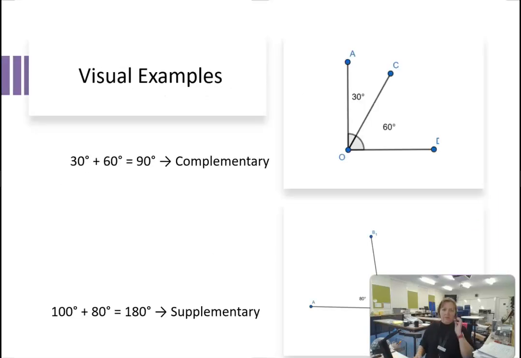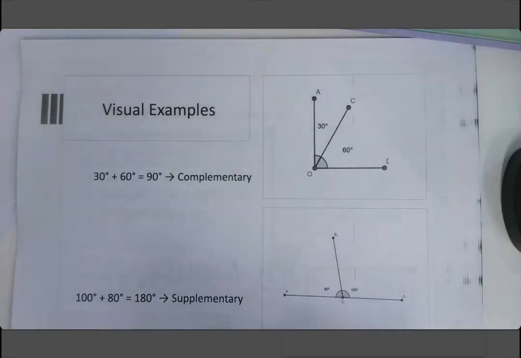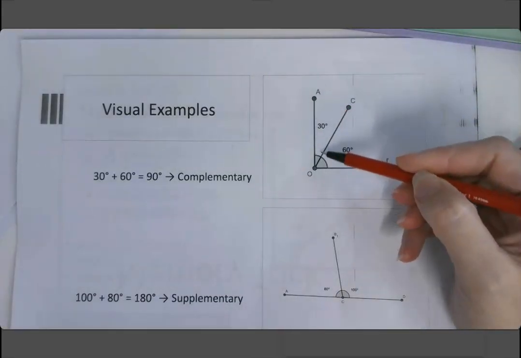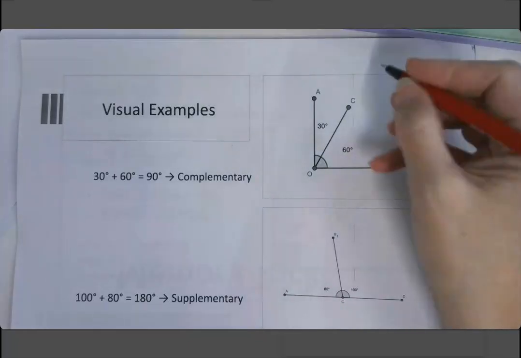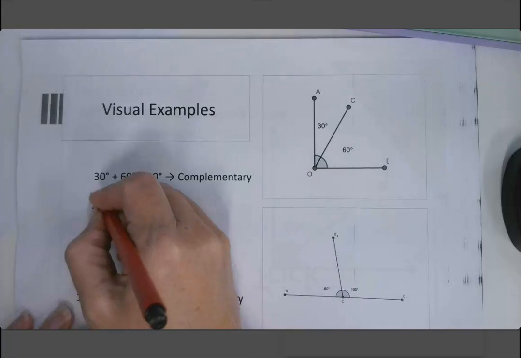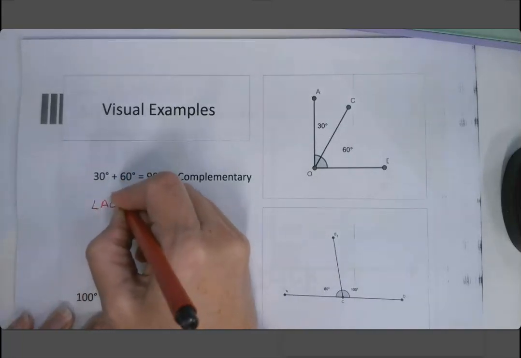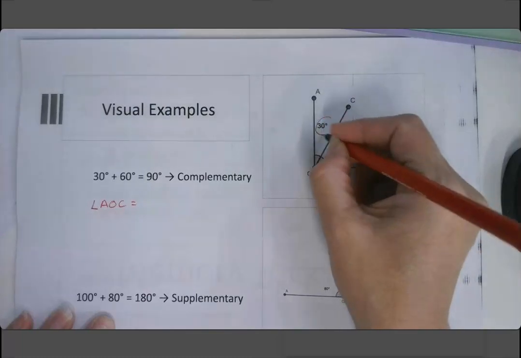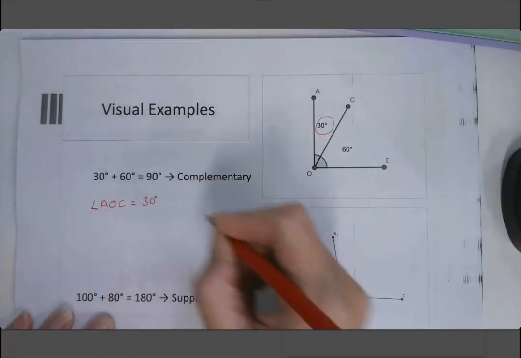So here we have a couple of examples. I might flick to my camera so that you guys can see that when I've got two angles, in this case AOC, angle AOC is 30 degrees.